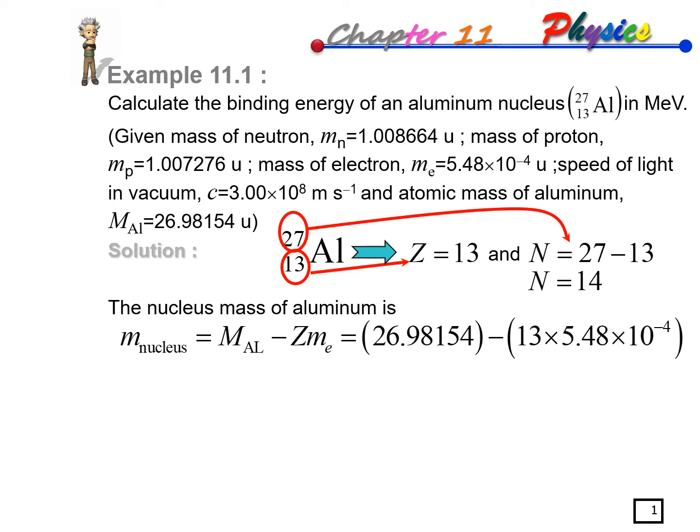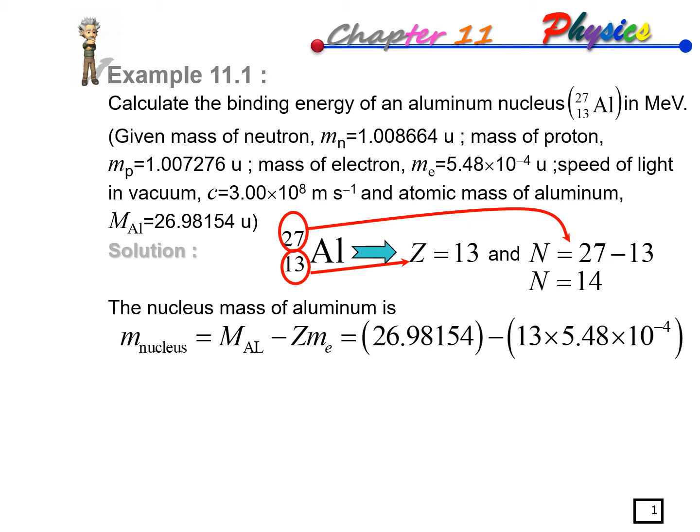We can calculate the mass defect from the mass of the nucleus. The mass of the nucleus will be equivalent to the mass of the aluminium atom minus the mass of the electrons.